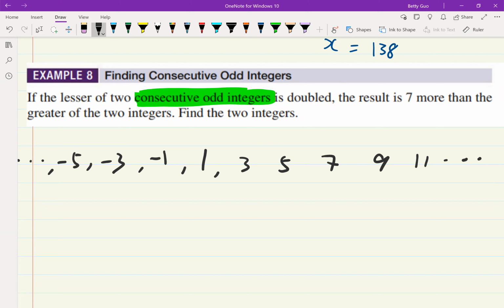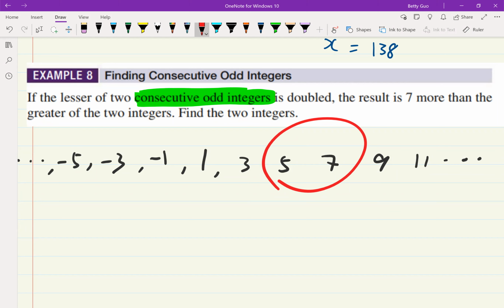Consecutive odd integers. Do we have a pattern for that? For example, those two. What's the difference between two consecutive odd integers? Any two consecutive odd integers.